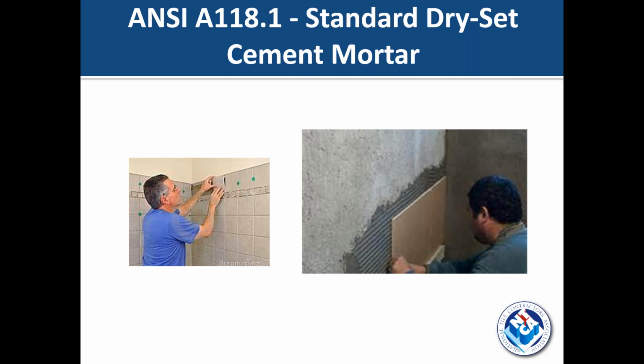They help you by giving you information as far as where products can be used and for what applications. So ANSI A118.1, as I said, is basically the sand and cement blend, so the most basic forms of adhesives.